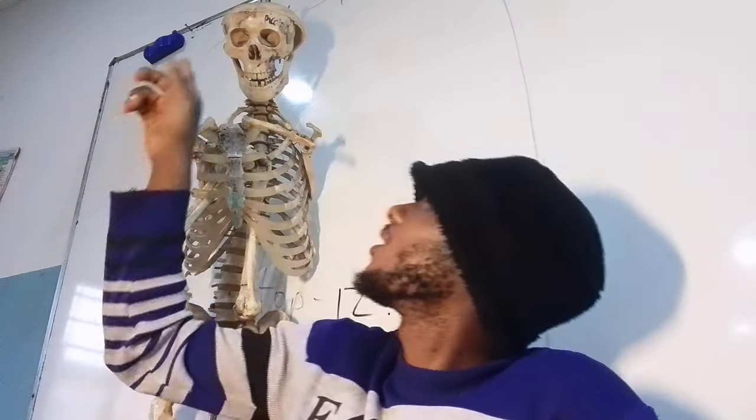Then let's look at the skull and talk about what the skull is all about. The skull is a very vital organ because it houses and protects the brain. Basically we have 80 bones of the axial skeleton, and in the skull we have 22 bones. We have 8 cranial bones and 14 facial bones.